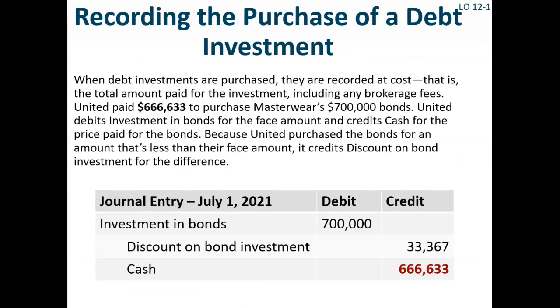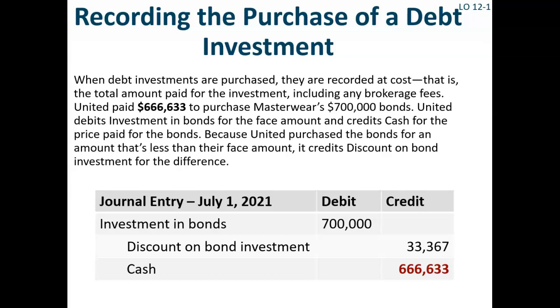When debt investments are purchased, they are recorded at cost. That is the total amount paid for the investment, including any brokerage fees. United paid $666,633 to purchase Masterware's $700,000 bonds.